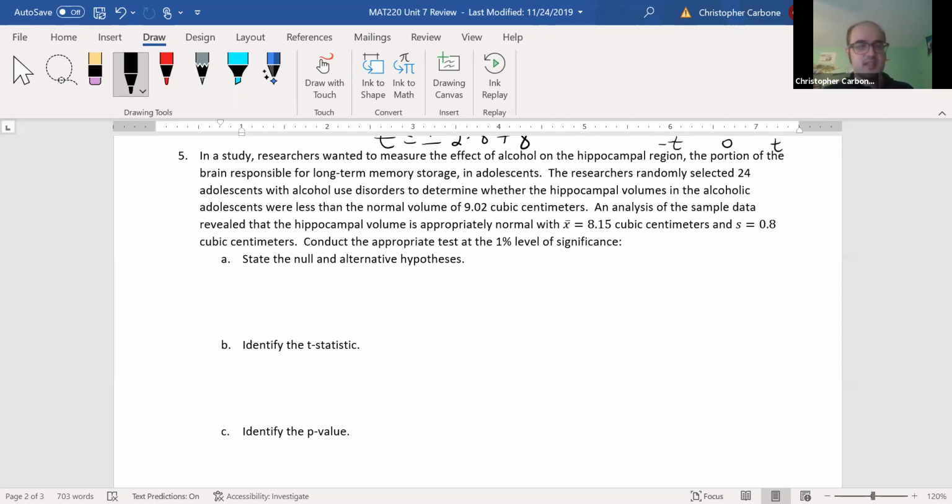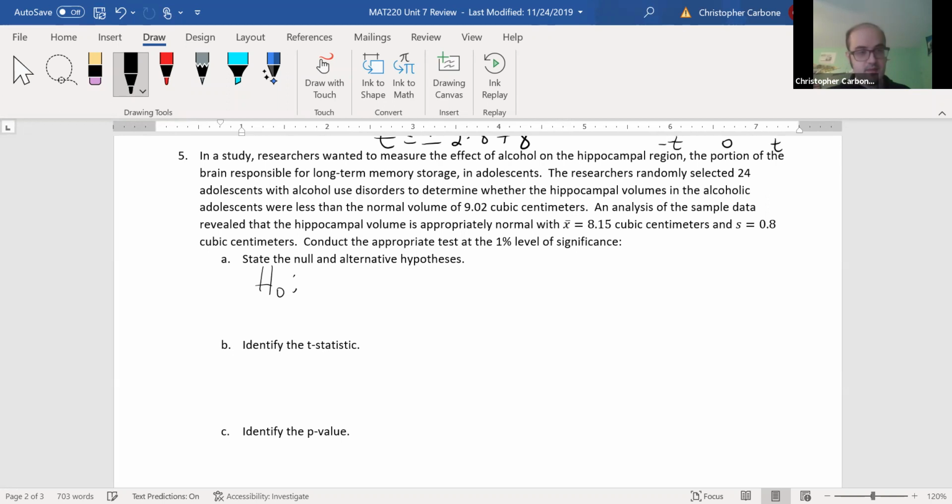An analysis of the sample data revealed that the hippocampal volume is approximately normal, with x bar being 8.15 cubic centimeters and s being 0.8 of a cubic centimeter, and we want to conduct the appropriate test at the 1% level of significance.